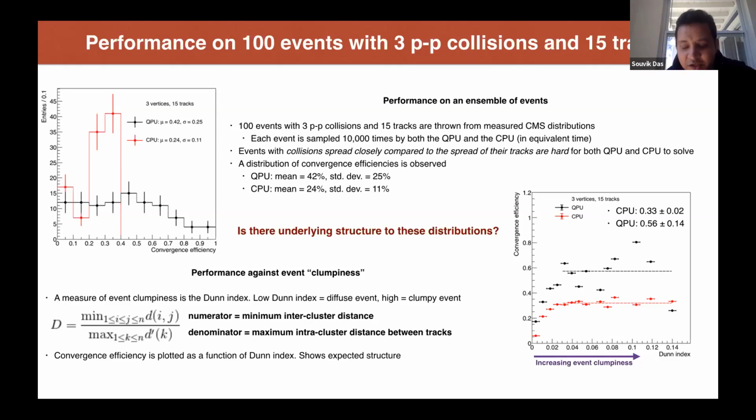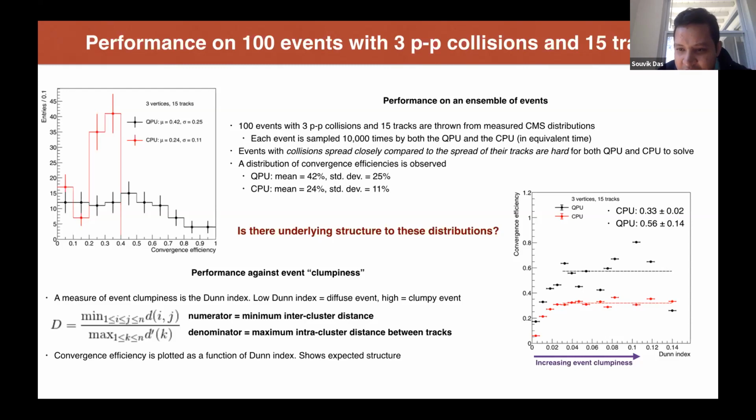To measure the clumpiness of the event: an event that is highly clumped, where the different clusters have gotten merged, has a low Dunn index. The Dunn index is defined on the left, and increasing separateness among the vertices is on the right side of the Dunn index.